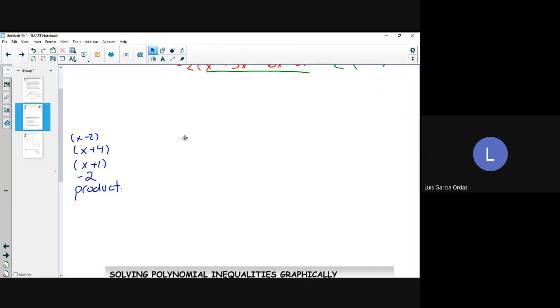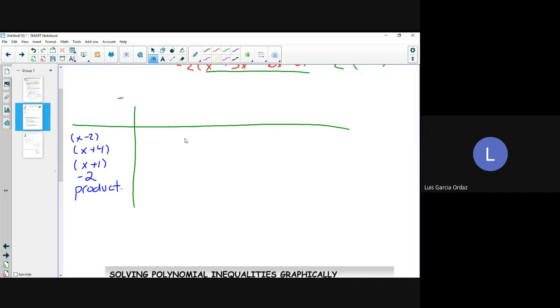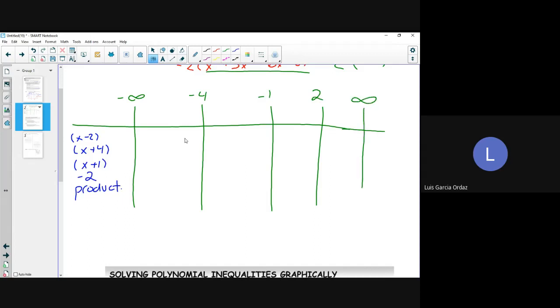And when you're doing the sign chart, you have to put the roots from least to greatest. Okay? So we have negative infinity. Then we have negative 4, then negative 1, 2, and infinity.